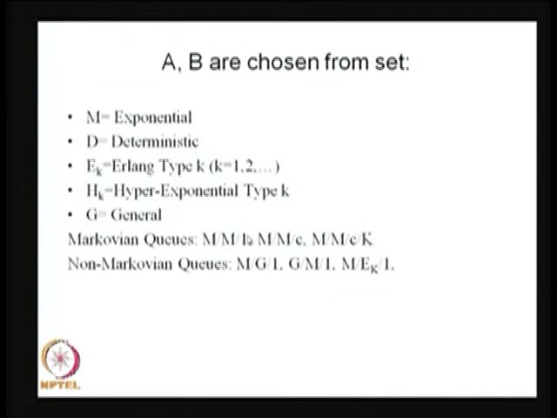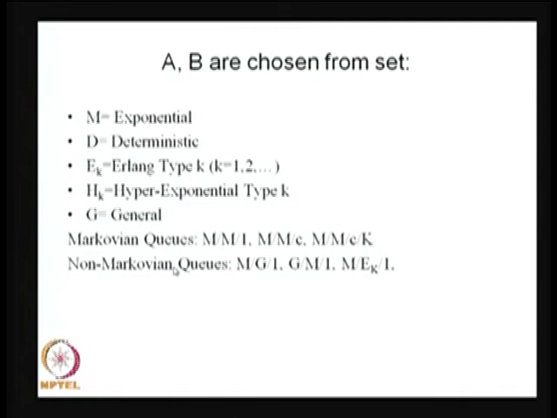Suppose we did not write the fourth information, that means it is an infinite capacity system. Since the inter-arrival time and the service time are exponentially distributed, this model is called the Markovian queue because it satisfies the Markov property.